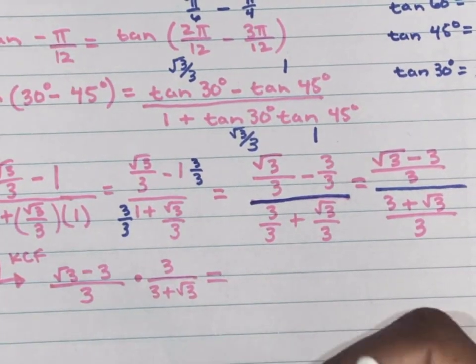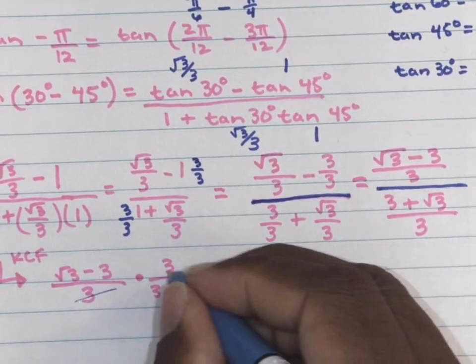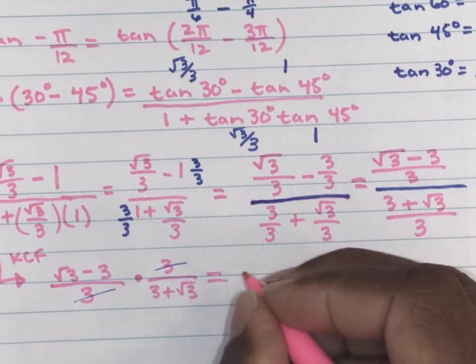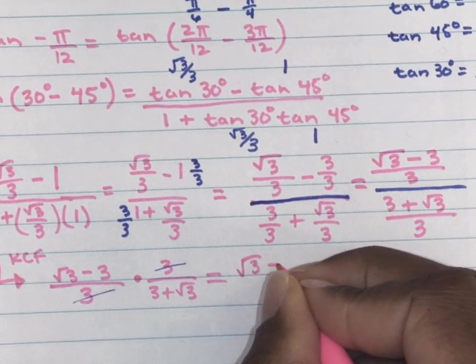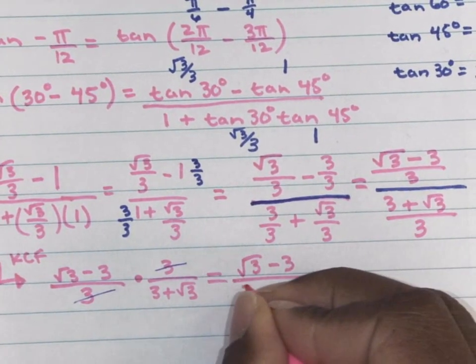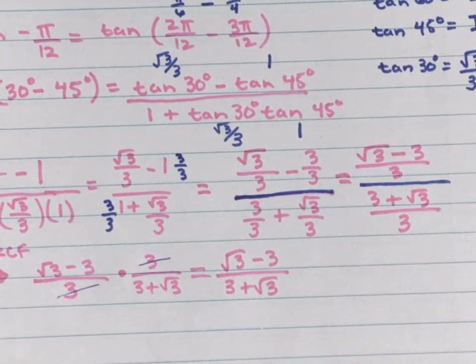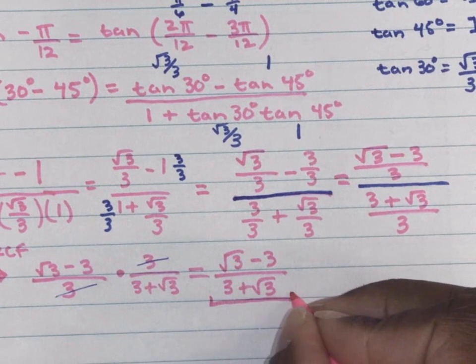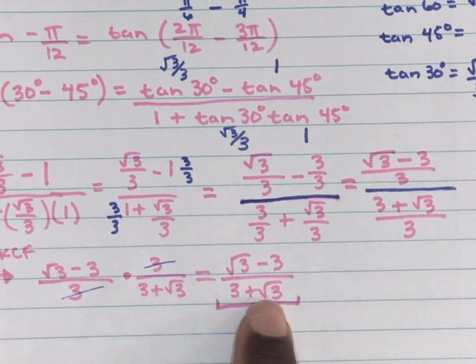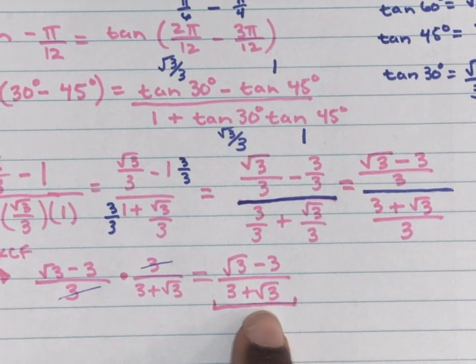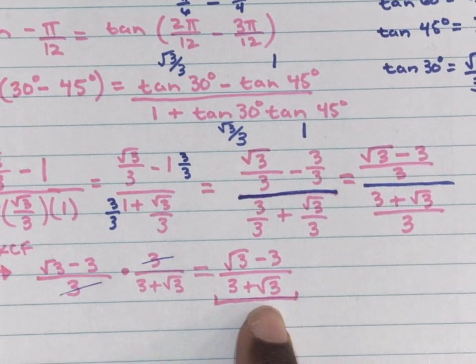And here I see the 3's cancel, and I'm left with root 3 minus 3 over 3 plus root 3. This is my answer. I have this square root in the denominator, so we need to continue to simplify that.